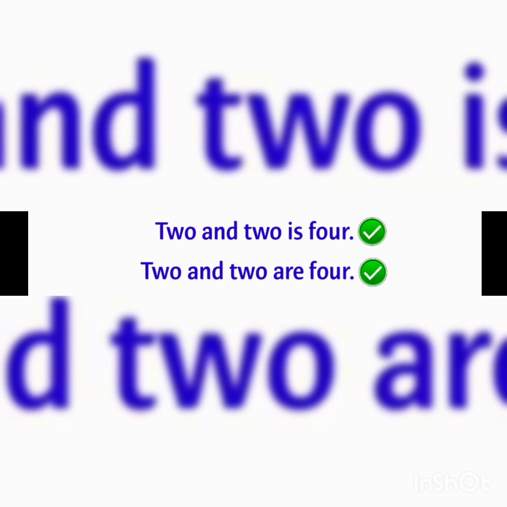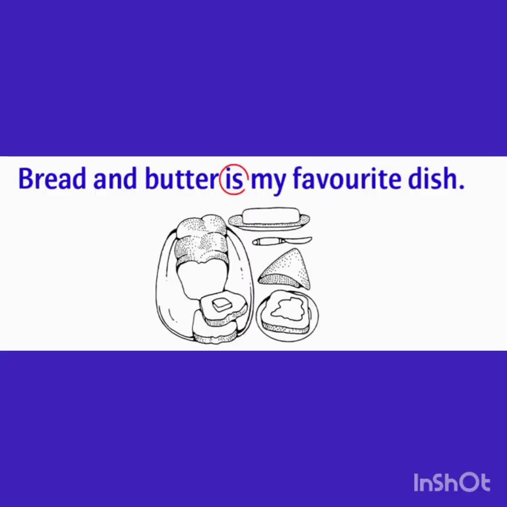Okay, let's see another rule. Okay, dear students, one of my favorite ones. Dear students, do remember there are some singular nouns which, when we connect them with this word "and," work as a pair, and they are generally used together.